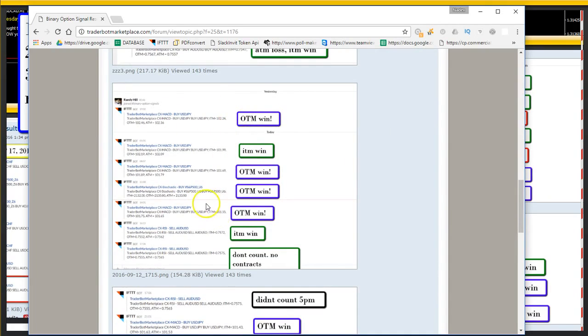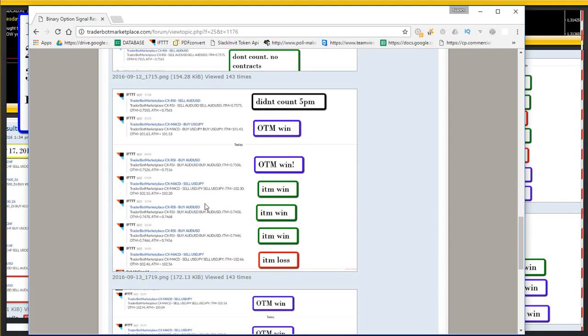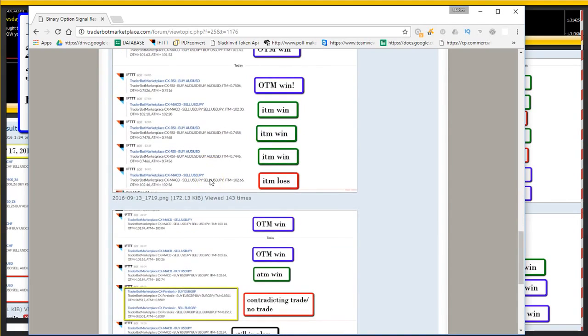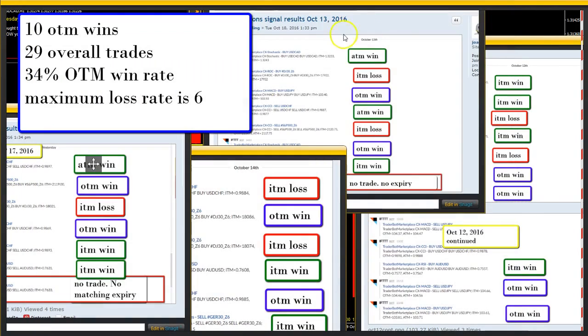Here's a bunch of OTM wins, and I will tell you that in the majority of the trades, there's going to be roughly 4 to 6 trades in between OTM wins. Go do your own research and find it out. So the majority is between 4 to 6, and the maximum we've ever had is 8. So we've got 8 losses maximum in between all of these OTM wins.